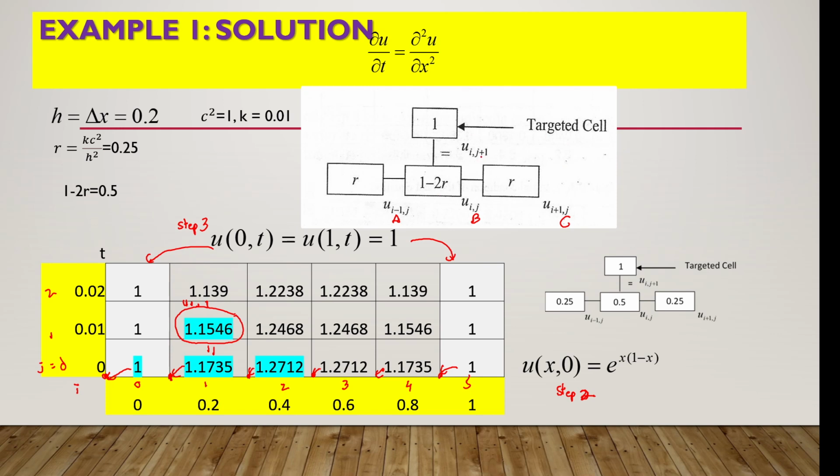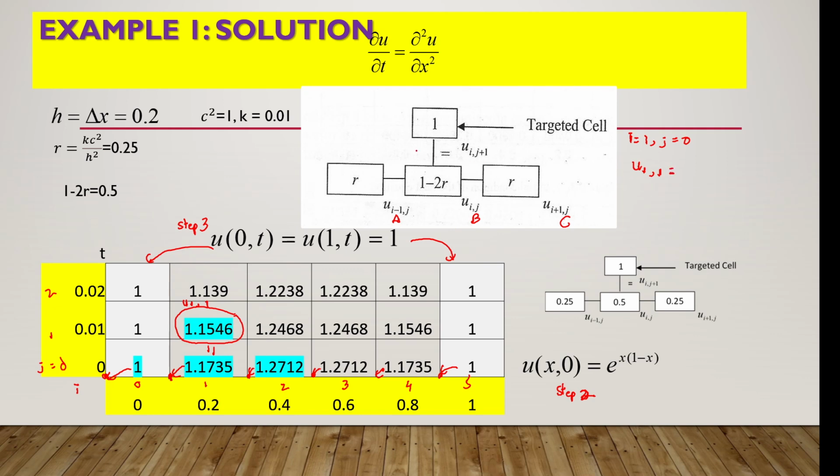So I is 1, J is 0, into here you will get U1,1. Here, I is 1, J is 1, U11.